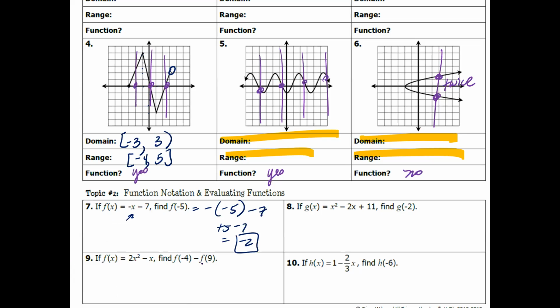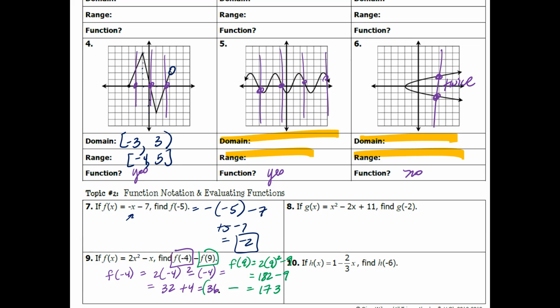So f of -4 minus f of 9. So I'm going to find this one first. So I have f of -4 is equal to 2 times -4 squared minus -4. So that is going to give me 16 times 2, which is 32, plus 4, which is 36. Then you're going to look at f of 9, which is 2 times 9 squared minus 9. 81 times 2 is going to be 182 minus 9, which is 173.